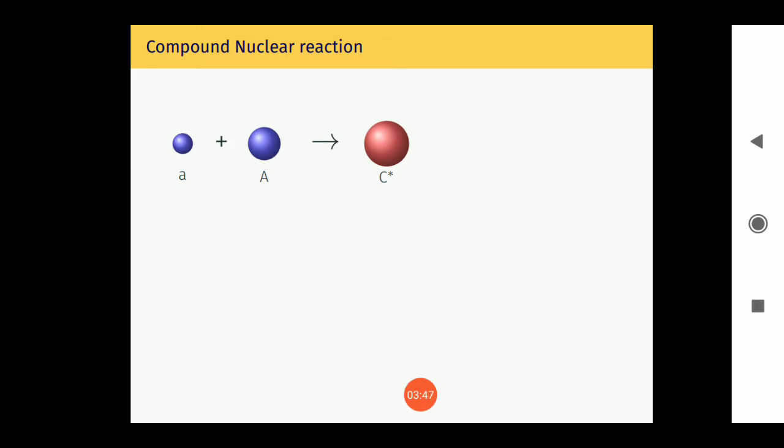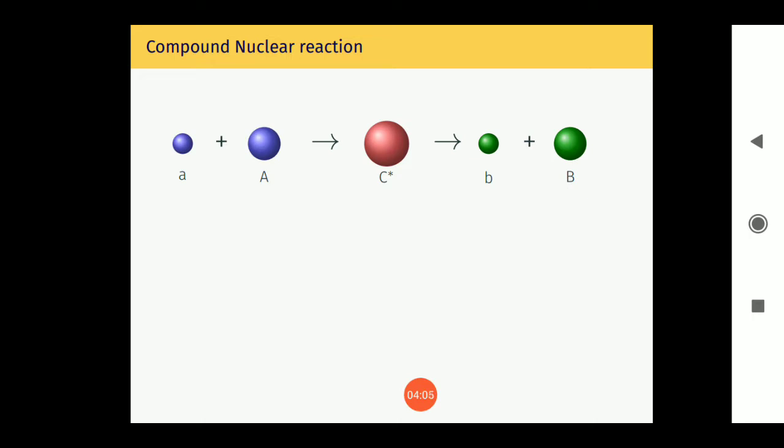Many times the compound nucleus will be in an excited state, therefore it is denoted as C star here. And this compound nucleus, which is unstable, will decay into its products. Lowercase b is the ejectile and uppercase B is the recoil nucleus.